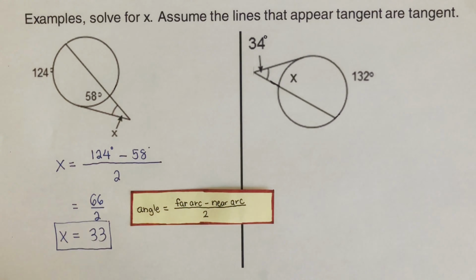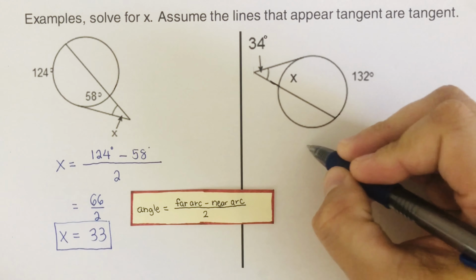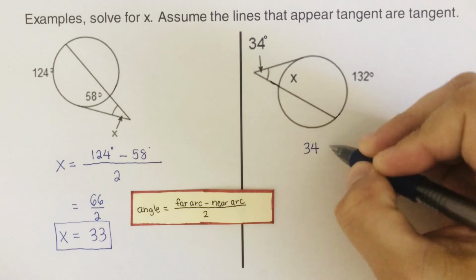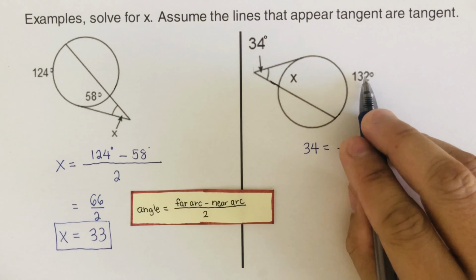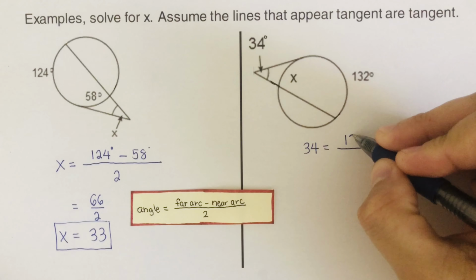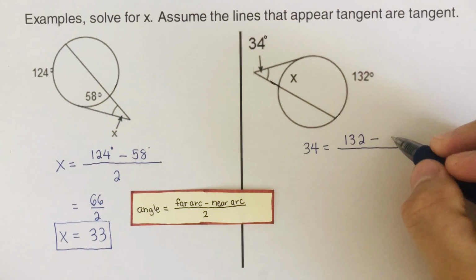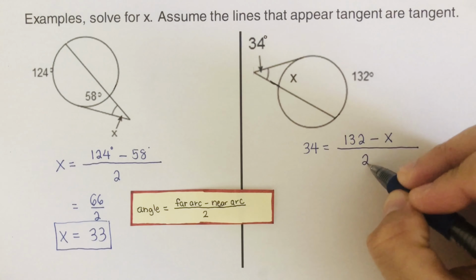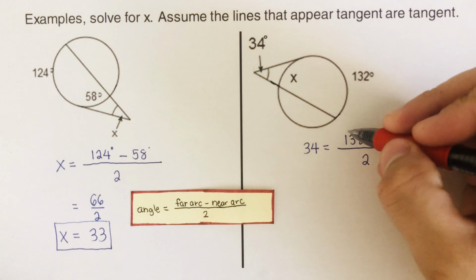So in this problem right here, we are supposed to plug in the value for 34. So that would be 34 is equal to, our far arc is 132, so 132 minus our near arc x, divided by 2. Now, in order that we can get rid of the denominator 2 here, we are going to multiply both sides by 2.